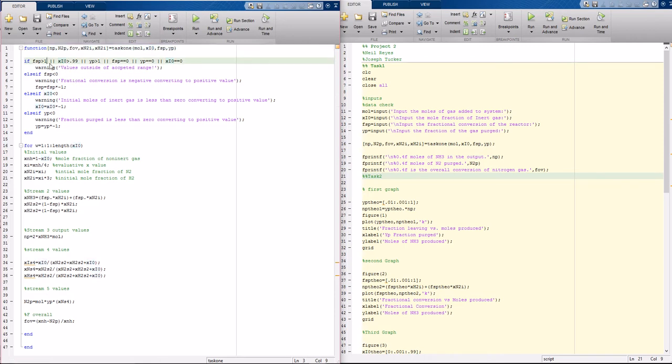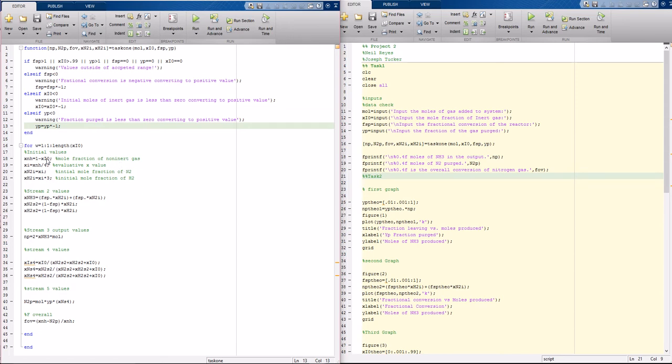This data check is going to make sure that all of our mole fractions are actually fractions, things that aren't equal to 0, because none of these can be equal to 0, and nothing is less than 0. It's going to check these things and make sure that they're not less than 0 or equal to 0. In most cases, it's either going to warn you that it's outside the accepted range, or if it's a negative value, it's going to convert it to a positive value.